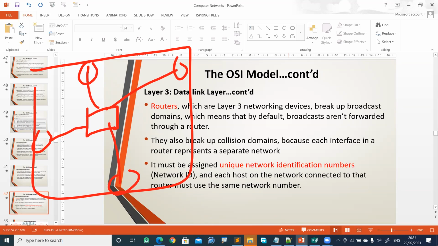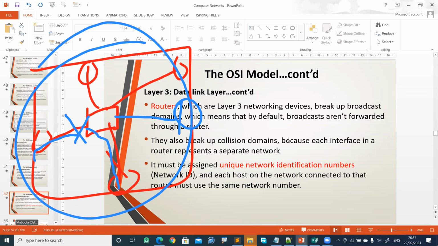If all these computers are connected to this, there will be a lot of collision. This computer is trying to send there, this other one also, they collide. There will be collision. And if here there is a router, all the collisions will remain behind the router. They cannot go outside. Please, here I'm talking about where you have used a hub.